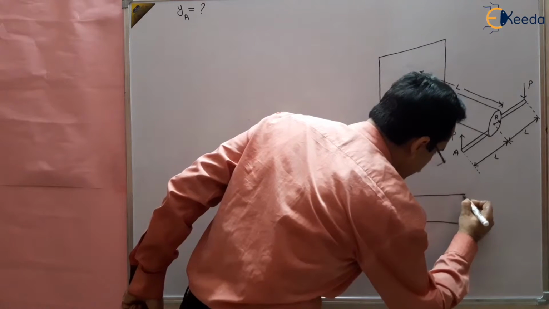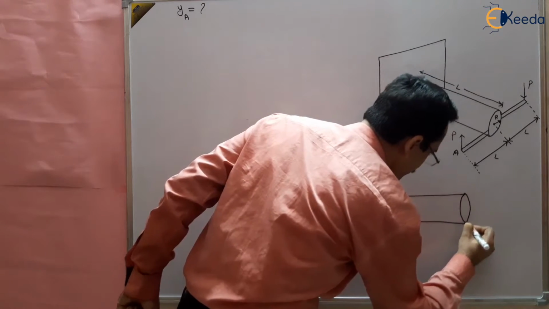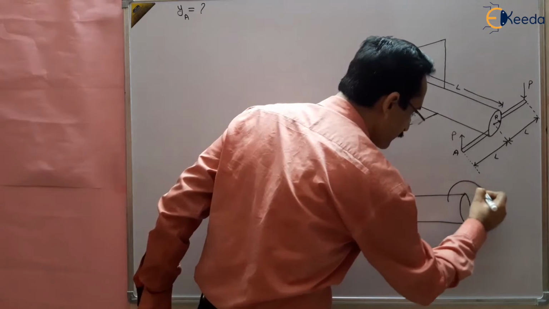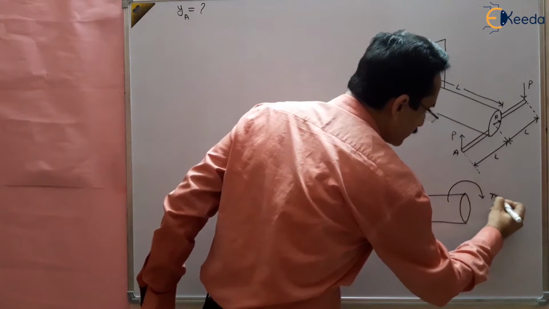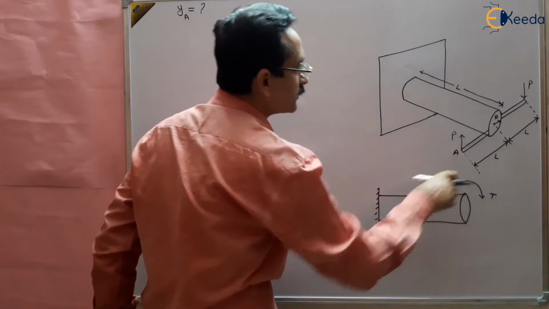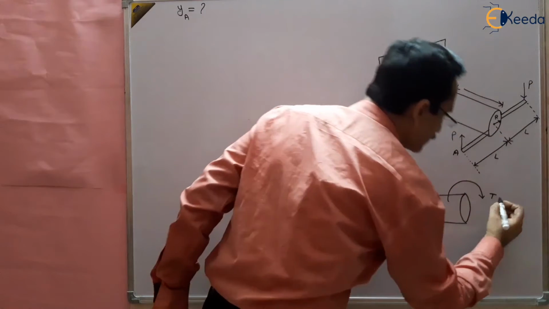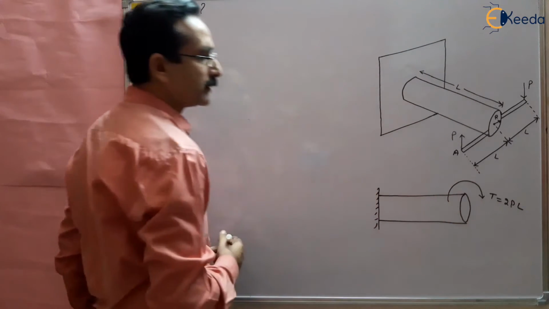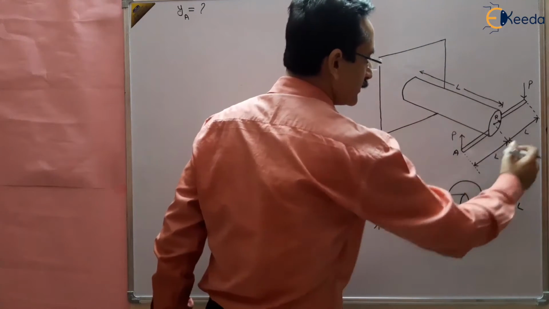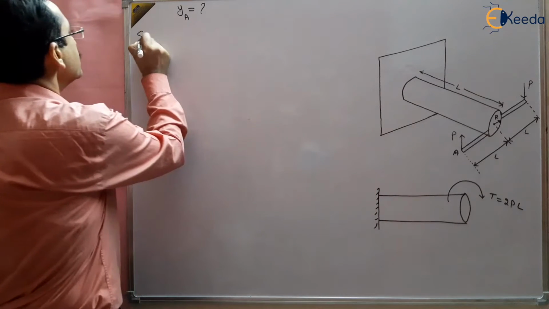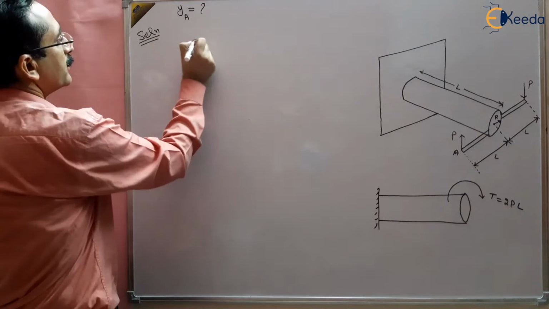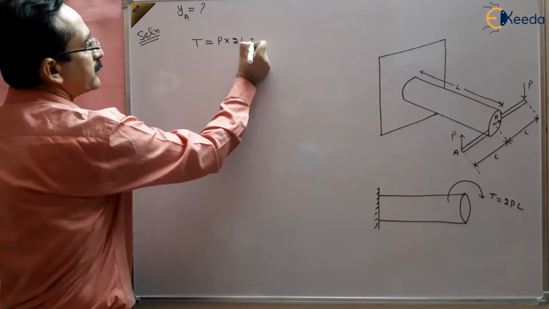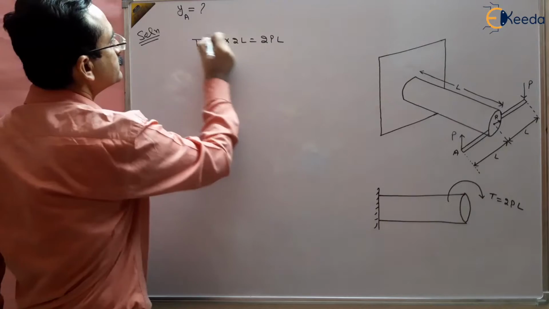This is the shaft, and a torque is applied. This torque is equal to force multiplied by perpendicular distance, that is P multiplied by 2L, so the torque is 2PL.